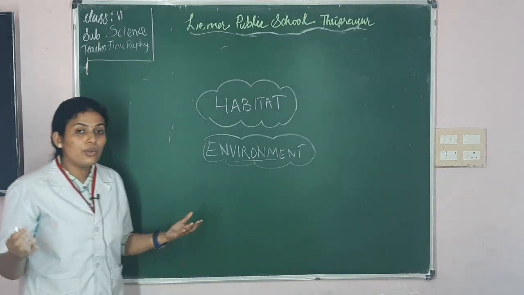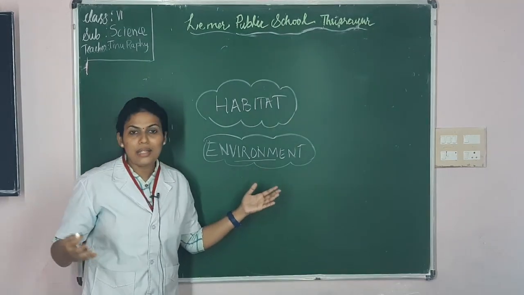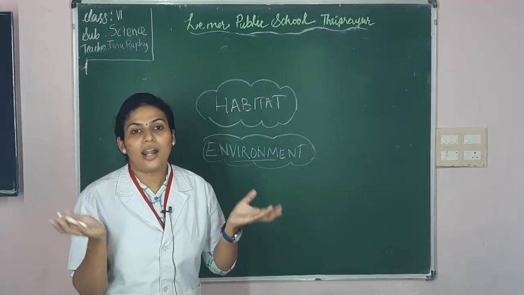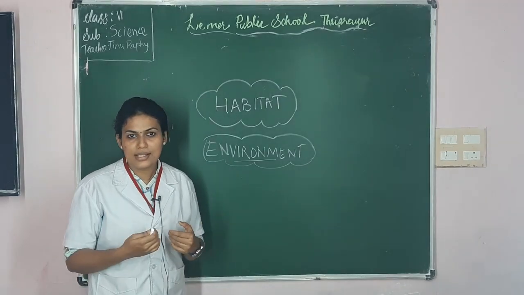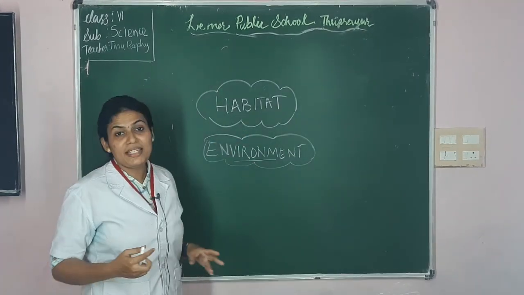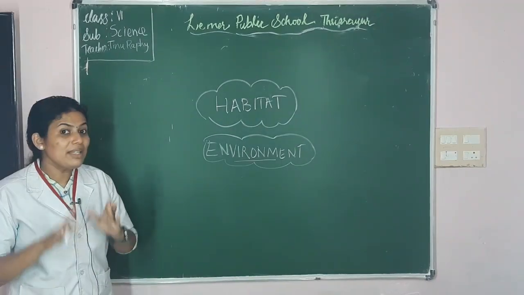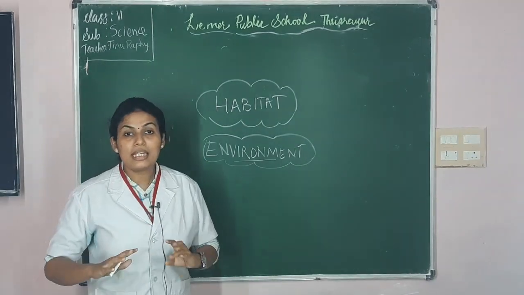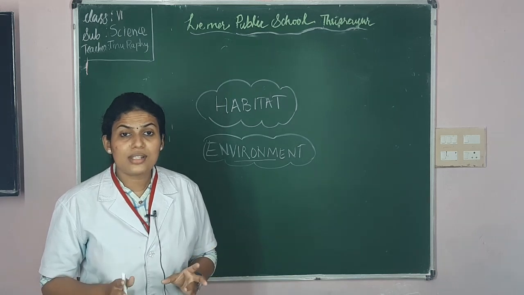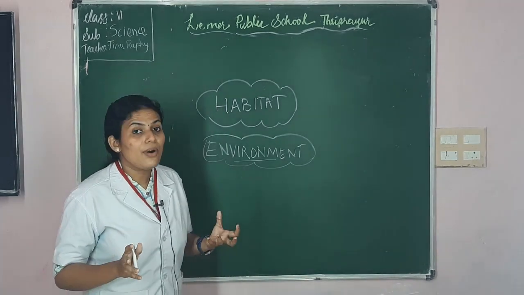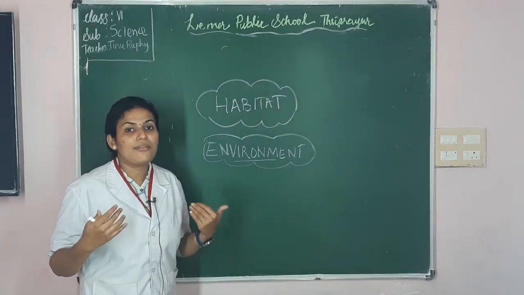Environment includes both the living and non-living things that are around us, isn't it? So habitat is the place where a living organism lives, whereas environment is everything that surrounds and affects the life of an organism.